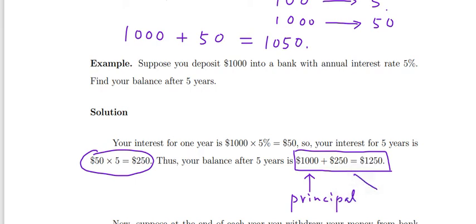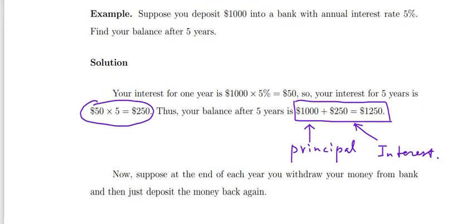And this 250 is your 5 years of interest. So we can say you deposit $1,000, so your total interest earned is 250.